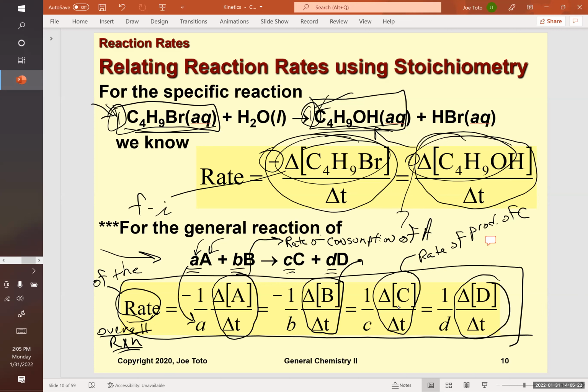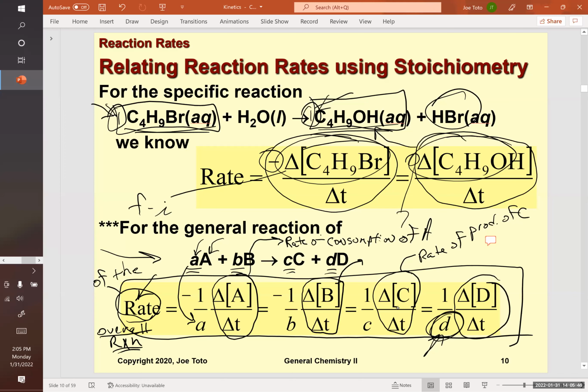So in a problem, if they tell you that the rate of production of HBr from some experiment is 10 molarities per second, then I can calculate the rate of the overall reaction by using its stoichiometric coefficient right there.